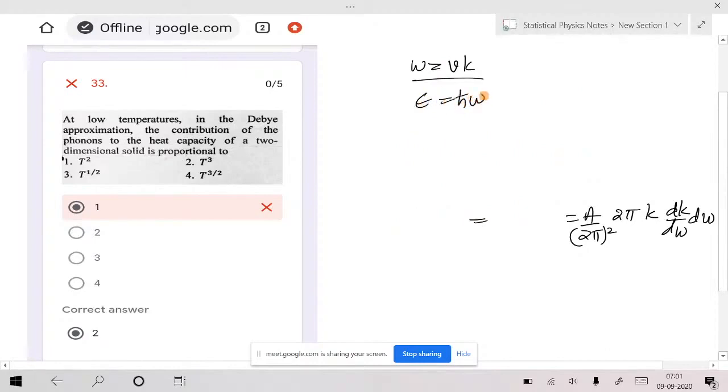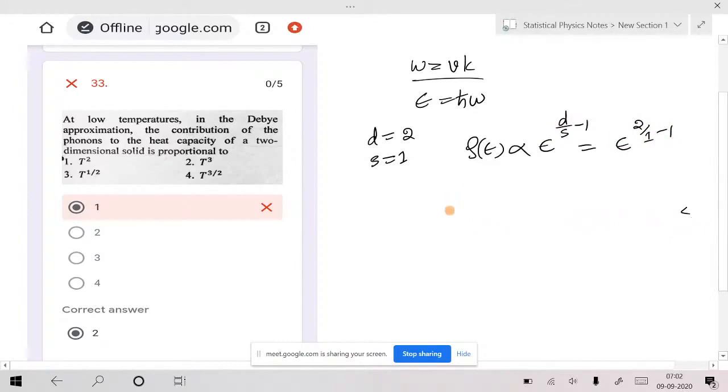Dimension d is equal to 2 here. S is equal to 1 here. So rho of E is proportional to E power d by s minus 1, that is E power 2 by 1 minus 1. Am I right about this one? I think this is the formula that I have given.